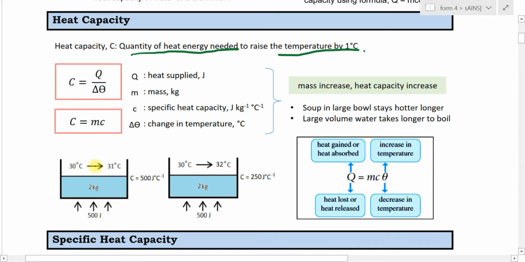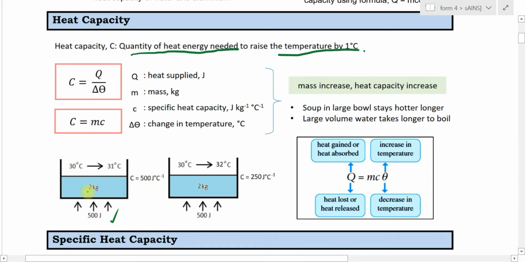Let's say air lah. So, to get from 30 to 31, kita nak naikkan 1 degree Celsius, we need 500 joule of energy. Okay, untuk meningkatkan temperature dia sebanyak 1 degree Celsius, kita perlukan 500 joule of heat energy.